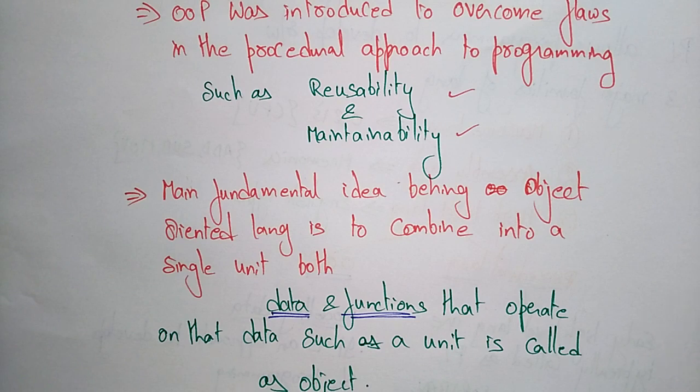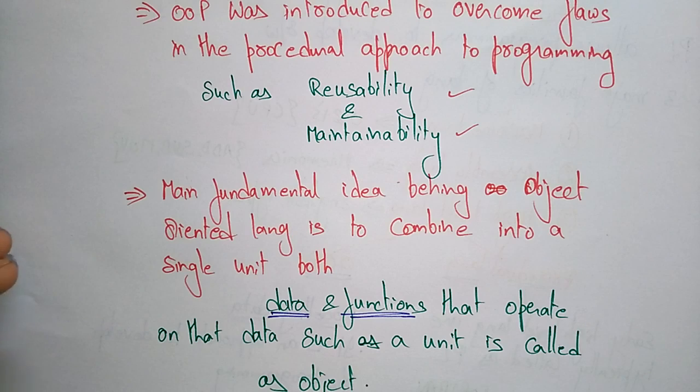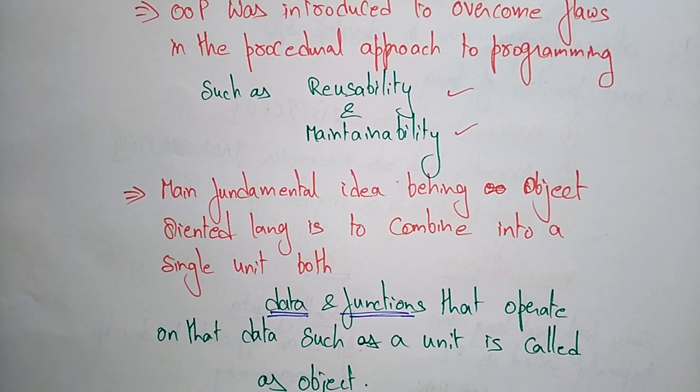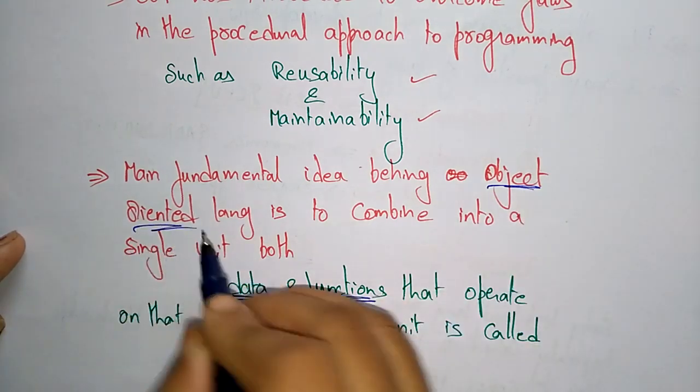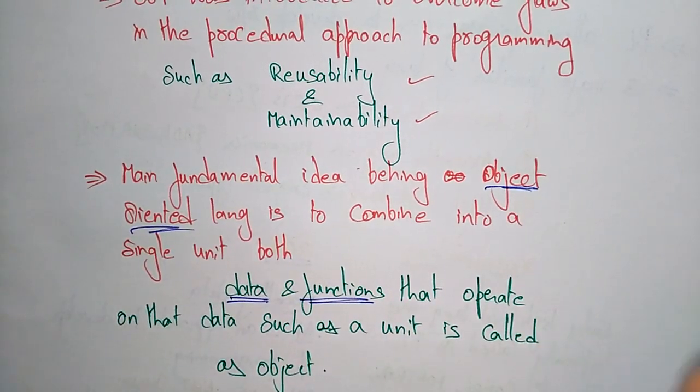You declare the statements, then call the functions, then again call the functions, so there is no chance for reusability and maintainability. Whereas in object oriented programming, the main idea is to combine all the data and functions into a single unit, and they operate on that data. Such a unit you call an object.